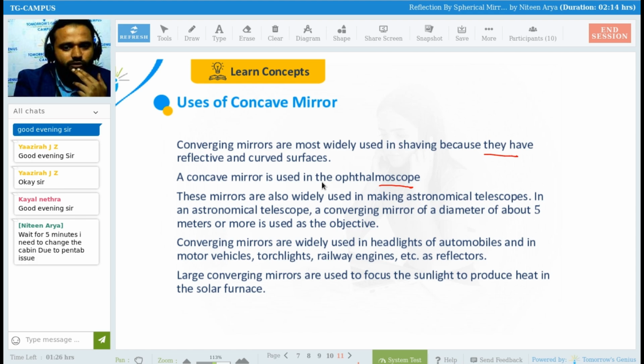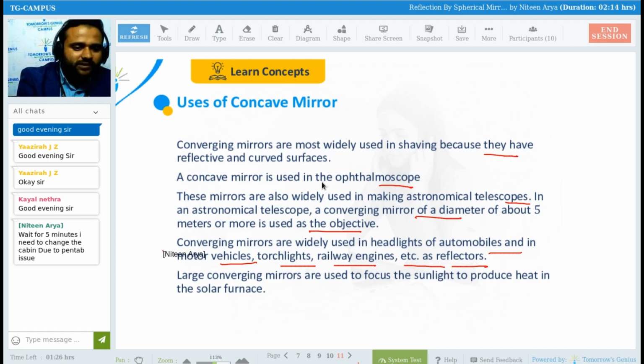These mirrors are also widely used in making astronomical telescopes. In an astronomical telescope, a converging mirror of a diameter of about 5 meters or more is used as the objective. Converging mirrors are used in headlights of automobiles and motor vehicles, torch lights, railway engines, etc., as reflectors.